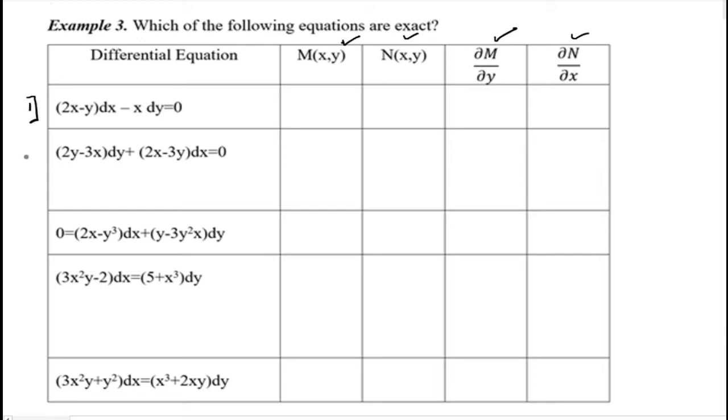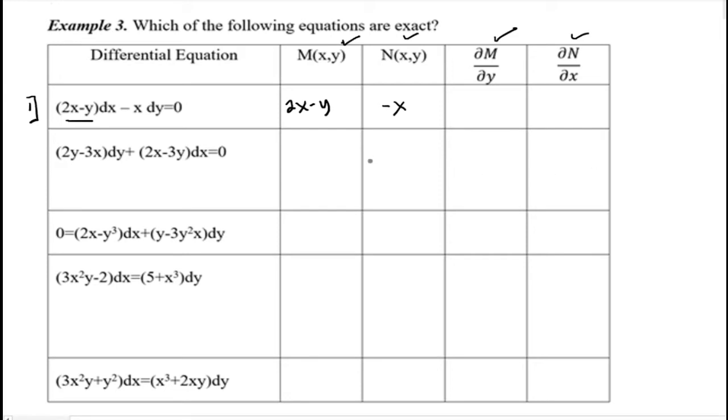Let us try our first given differential equation. 2x minus y dx minus x dy equals to 0. Here, the value of M is 2x minus y. Then, in the dy term, the value of N is negative x. Next, obtain the partial derivative of M with respect to y.